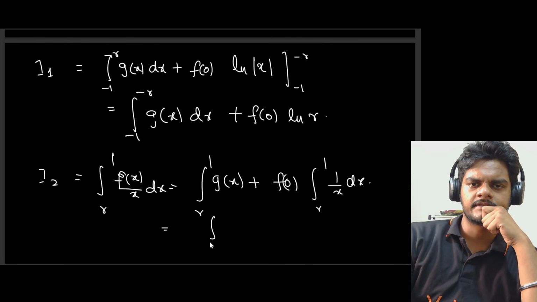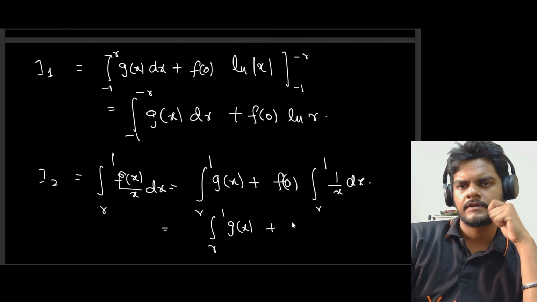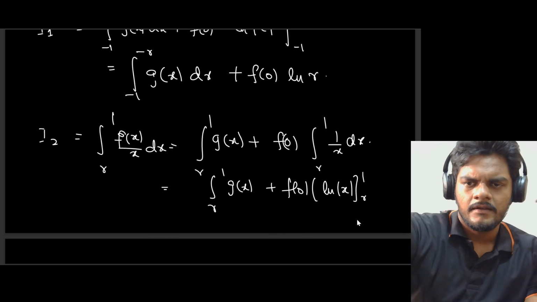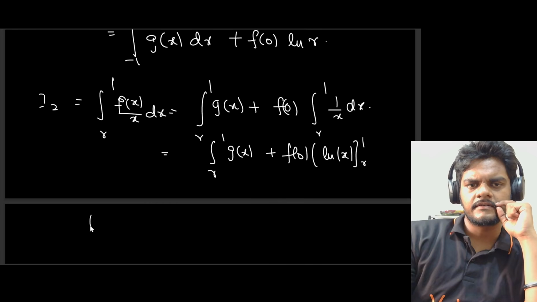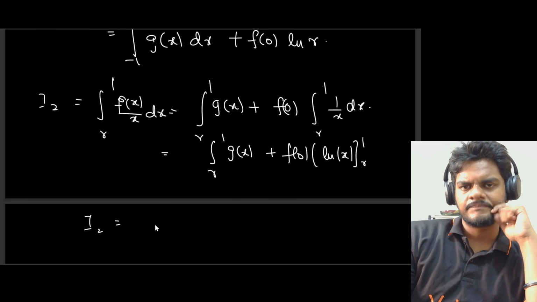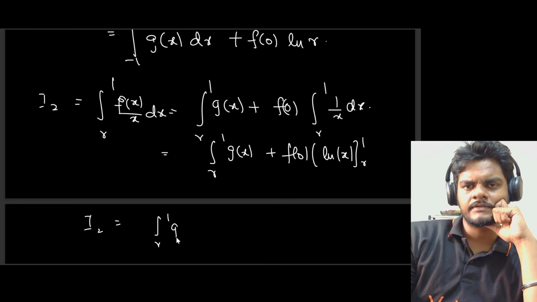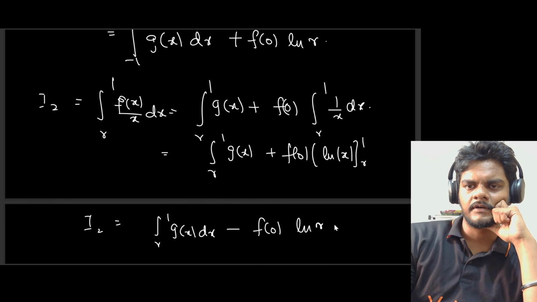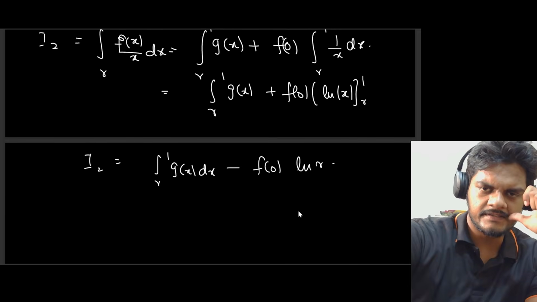And you'll notice this is integral r to 1 g of x plus f of 0 ln mod x from r to 1. So I2 is equal to integral r to 1 g of x dx plus f of 0, and here we'll have minus actually log r. All right. So this is there.